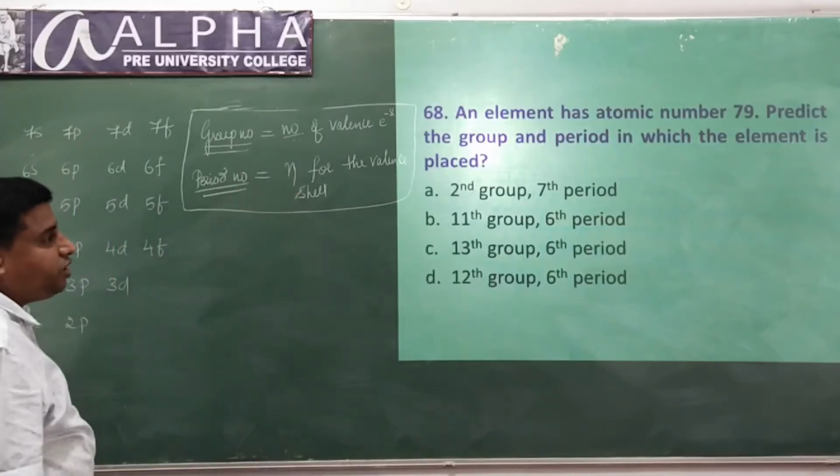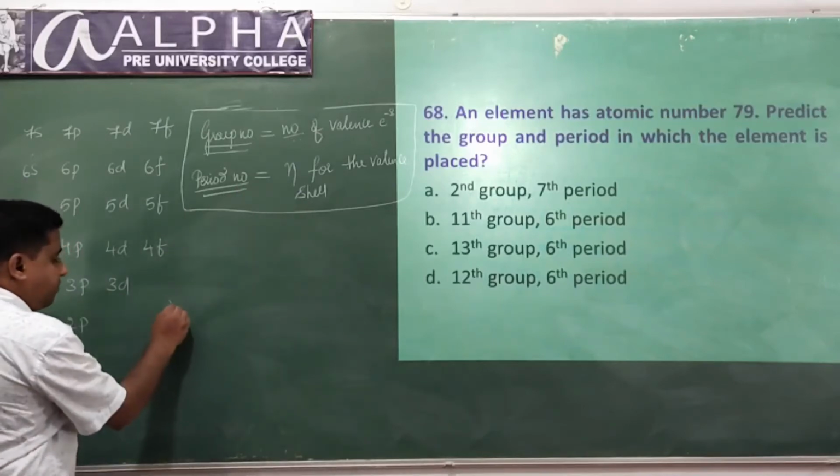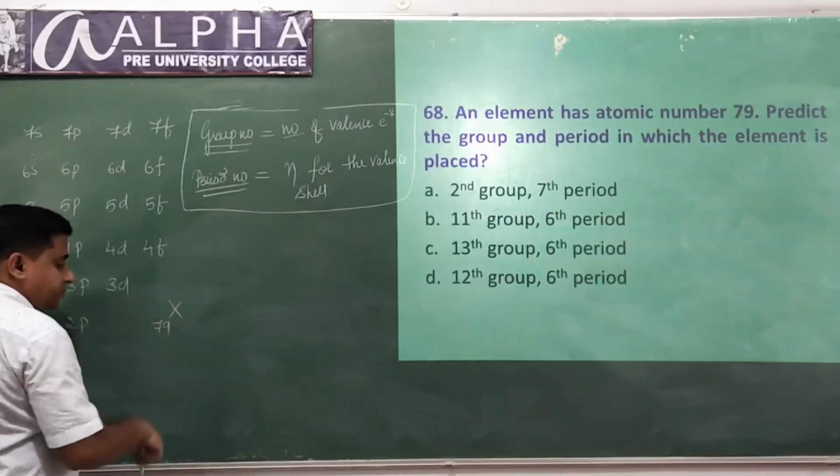Now let us write the electronic configuration of the element with atomic number 79.